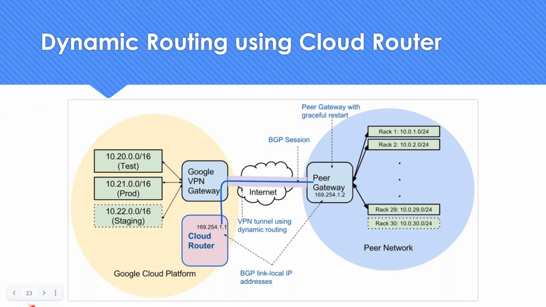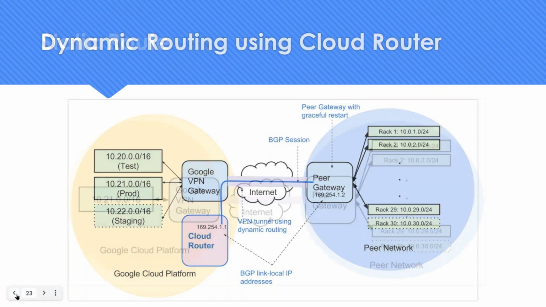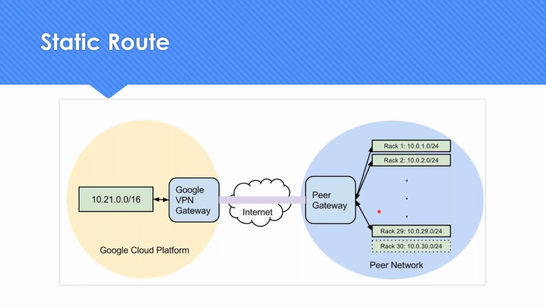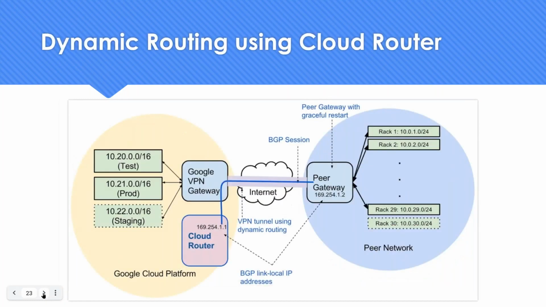I'm just comparing static routing and dynamic routing. In static routing also you had a tunnel. In the dynamic routing also you are having a tunnel. In static routing also you have a gateway. Even in dynamic you have. The only new component which was introduced in dynamic routing was the router, which is totally free of cost. With that being the case, I would always prefer to use dynamic routing.